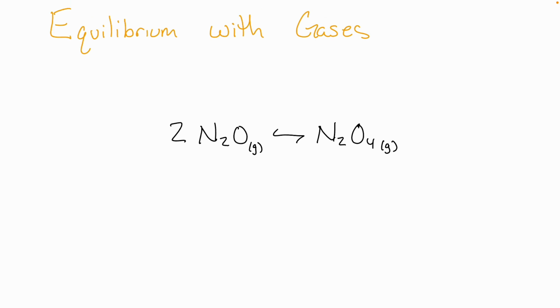Okay, so my K equals the concentration of products over concentration of reactants. And I got to square my dinitrogen monoxide because, again, my coefficient becomes an exponent.